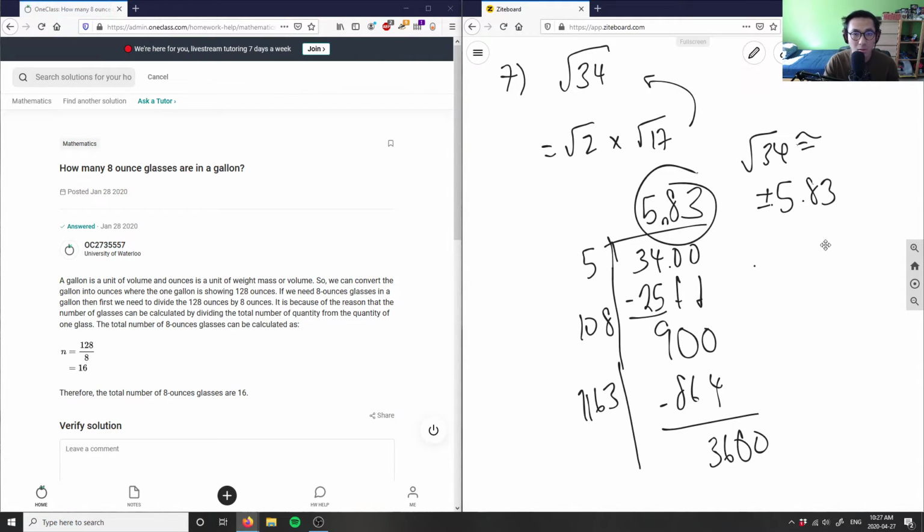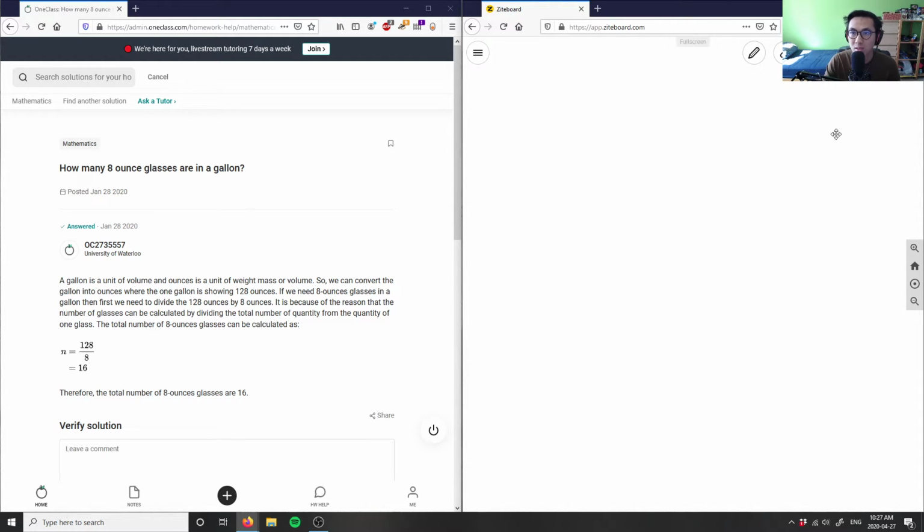So that's okay. Let's work on number 8 here. Number 8 says, how many 8-ounce glasses are in a gallon? So 8-ounce glasses in a gallon. So again, what we're figuring out is that we need our empirical system.